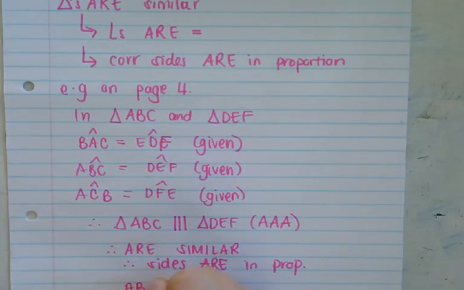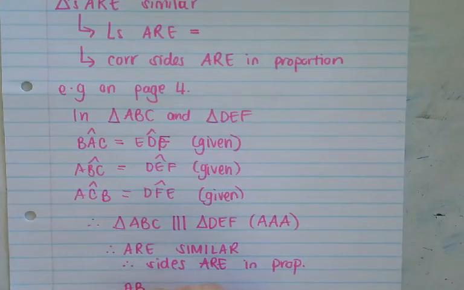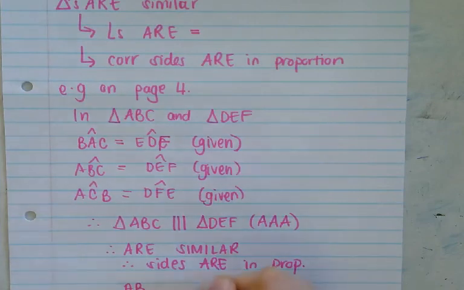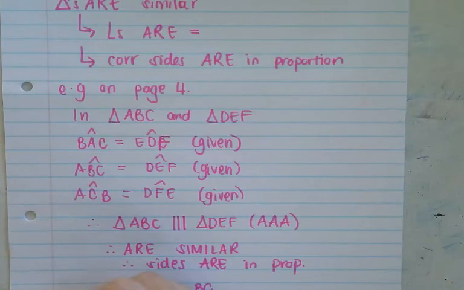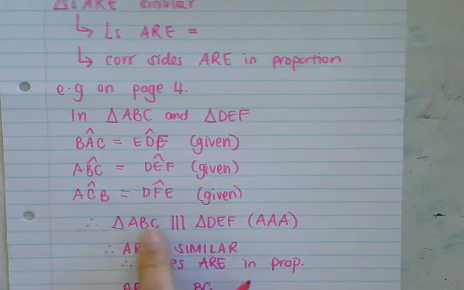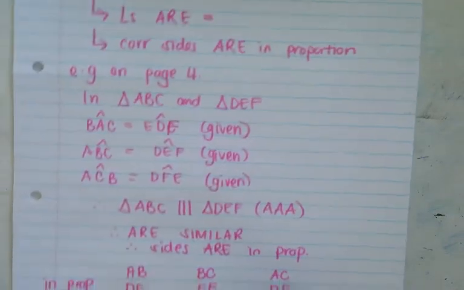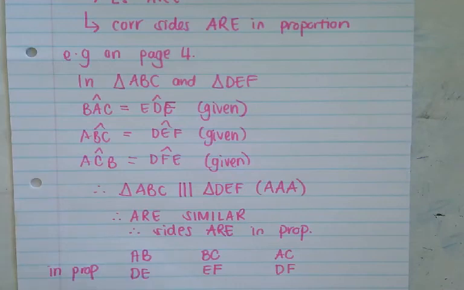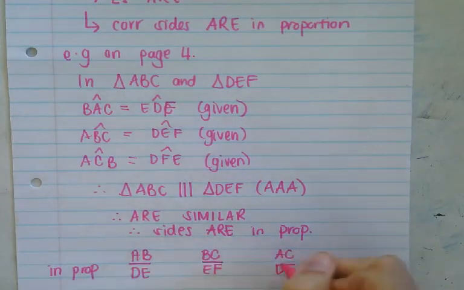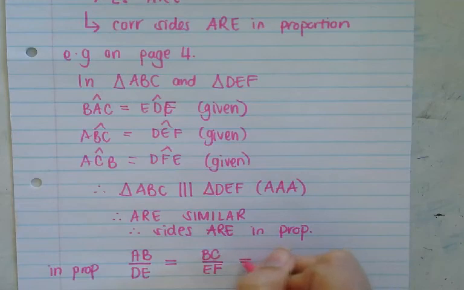AB must be in proportion to DE, and BC must be in proportion to EF. And AC must be in proportion with DF. And since they are all in proportion, it means that these divisions, these fractions, all have to be equal.